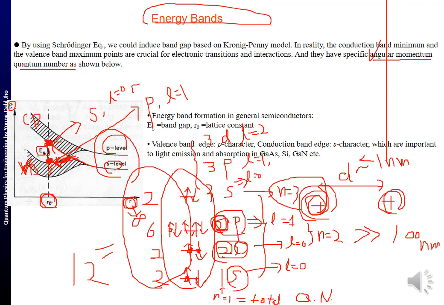Their angular momentum separation, delta L, could be plus or minus 1, and there's a transition between conduction band and valence band. And this is actually the same as the angular momentum of photons. Okay.